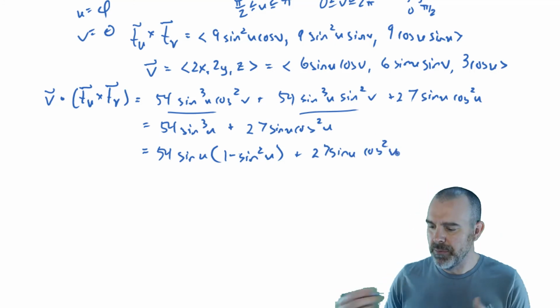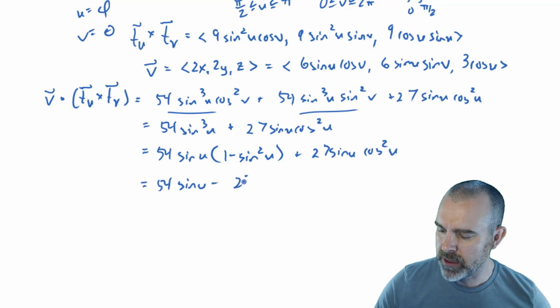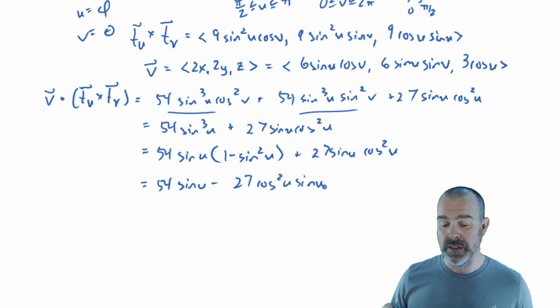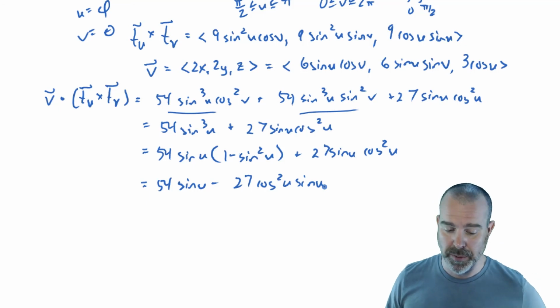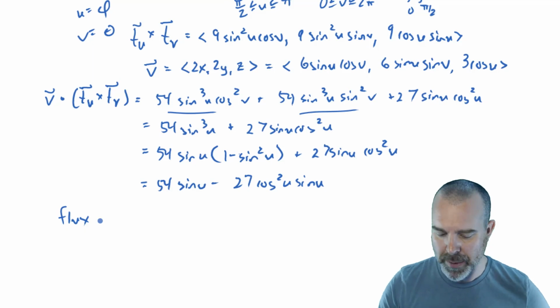And if you do that simplifying, what you end up with after some work is 54 sine u minus 27 cosine squared u sine u. The only reason to do that is to make the integral palatable by hand, and I don't know how valuable that is for us to do.